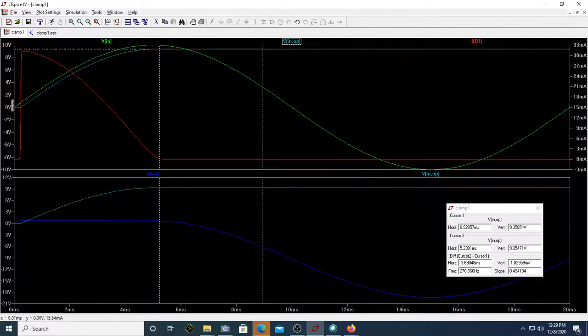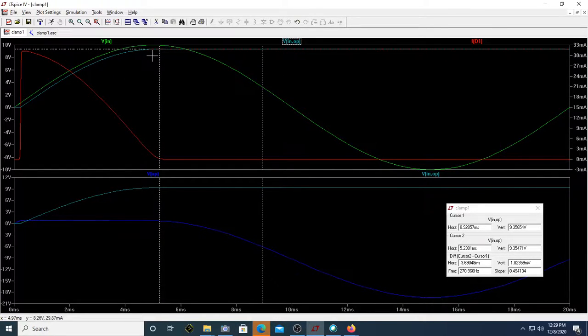What I mean to say is, only for the first quarter of the cycle the capacitor charges, and only during that period the diode is on. The diode current is maximum at the start and keeps reducing as the input voltage increases. Why does this current reduce? As you increase the capacitor voltage, the voltage gets stored in the capacitor, so you are left with very little voltage across the diode.